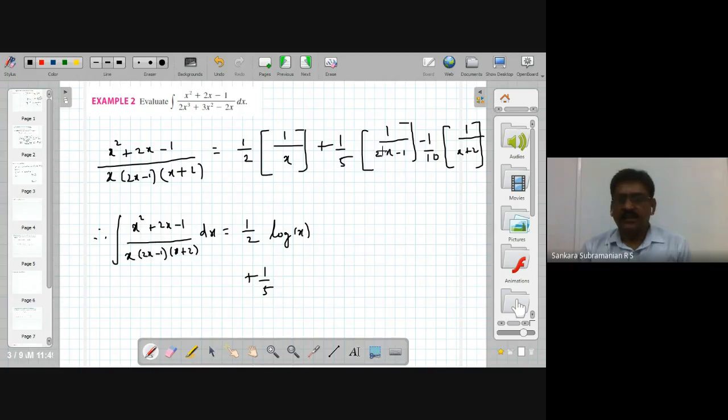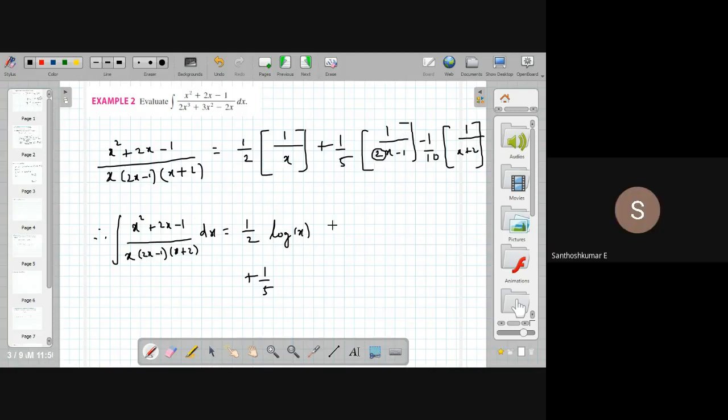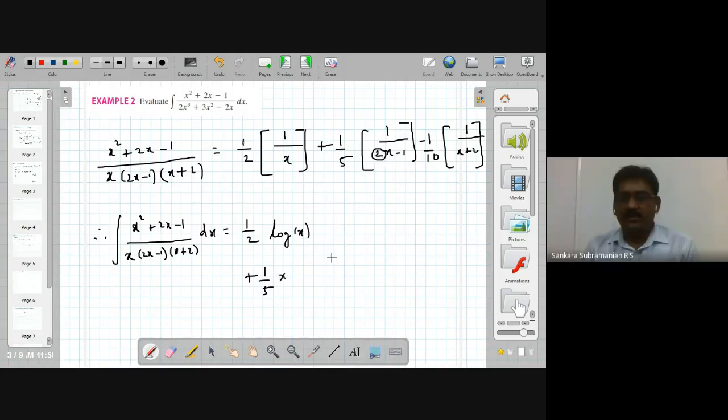If you differentiate the denominator, you get 2, so we have to divide by 2. And minus 1 by 10 log of x plus 2 plus constant will be the answer.